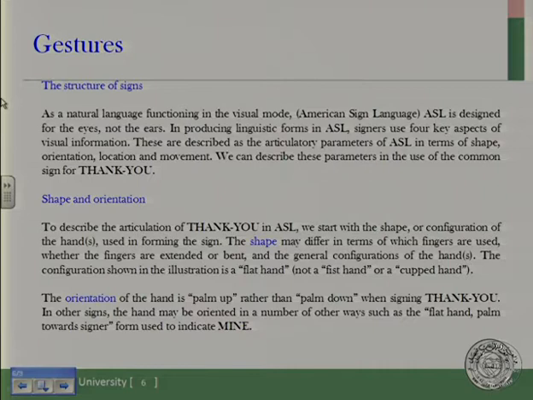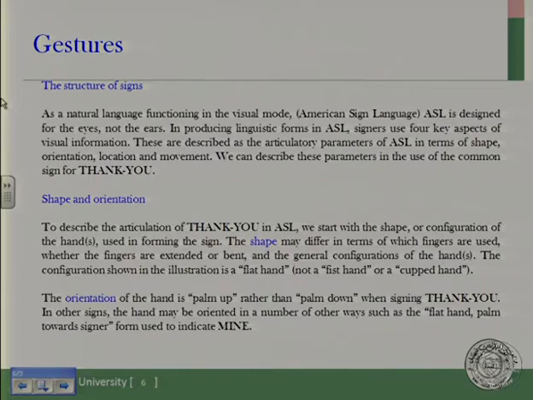The configuration shown in the illustration is a flat hand, as I'm showing here, and not a fist hand or a cupped hand. Now, the orientation of the hand is palm up rather than palm down. When you say thank you, the orientation of the hand is palm up, and the fingers are extended.